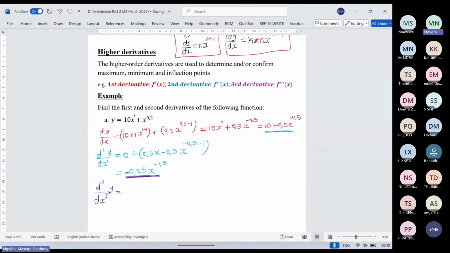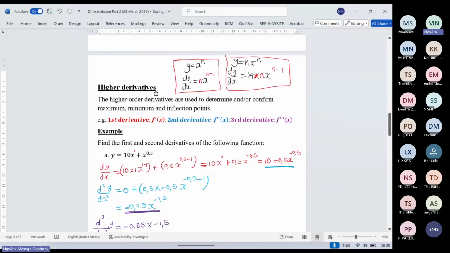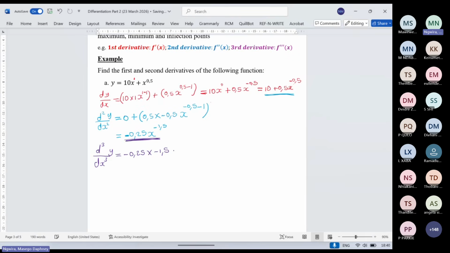When I derive this answer, it's going to be negative 0.25 times negative 1.5. I'm applying this one here. So this will be x to the power of negative 1.5 minus 1. You always minus the 1.